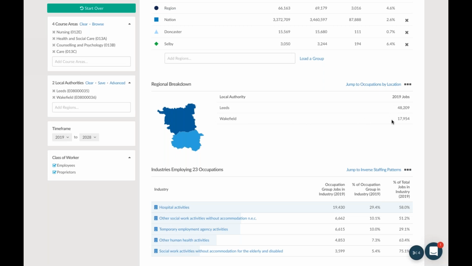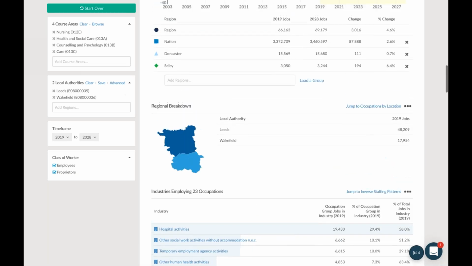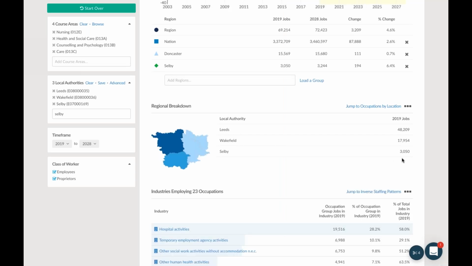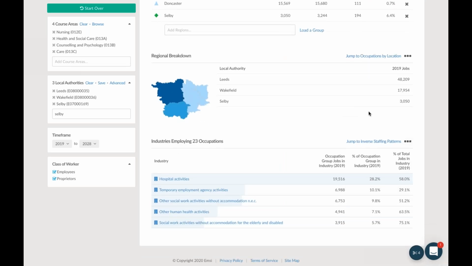A big portion in Leeds compared to Wakefield. And if we added the other regions back in, for example if we wanted to put Selby back on this, it would then show us on this map the number of jobs in 2019 in Selby as well.